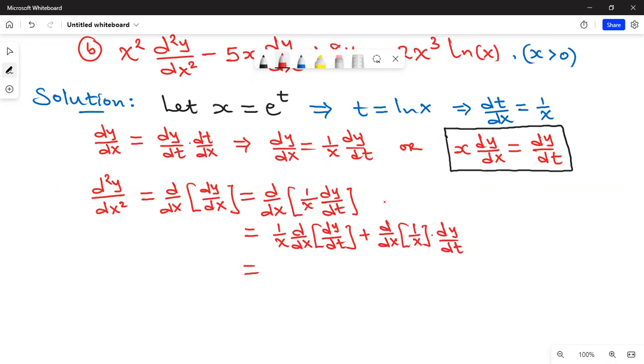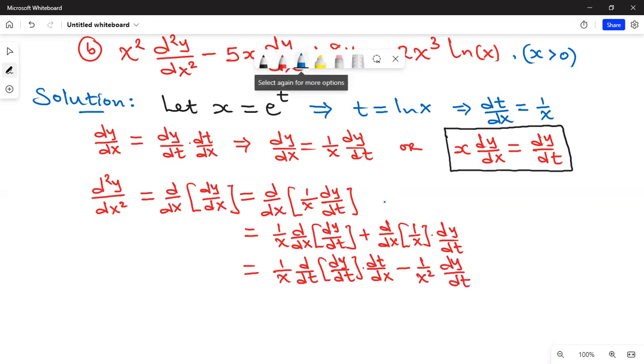This can be written as 1 over x, using the chain rule, the derivative with respect to t of dy dt times dt dx. Then the derivative of 1 over x is negative 1 over x squared, times dy dt.